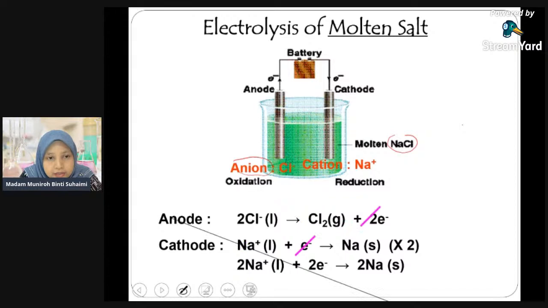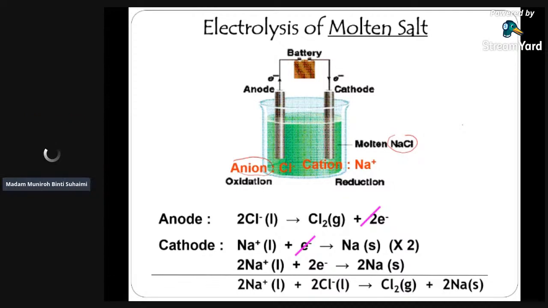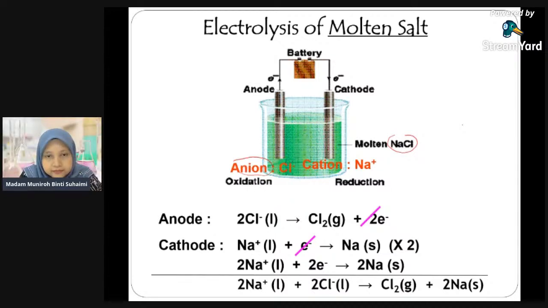At the anode, oxidation occurs. So the anion will move to the anode and oxidize, and the cation will move to the cathode and be reduced.